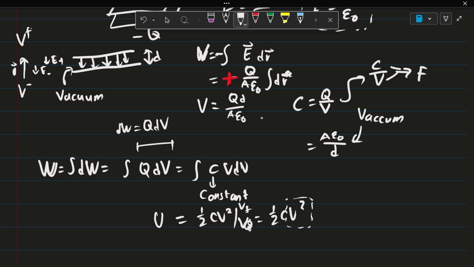So what we observe here is that it has a very similar relationship with the spring. It's half kx squared. So you could think of a capacitor as like a spring. If I have a capacitor here, and I haven't really discussed current yet, so I'll just discuss it in an easier way.